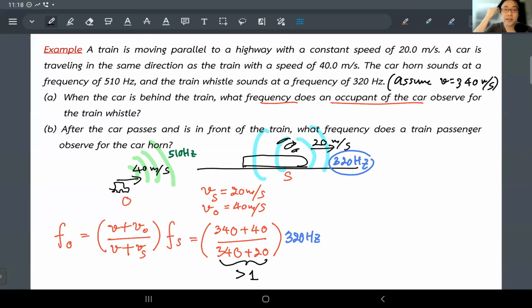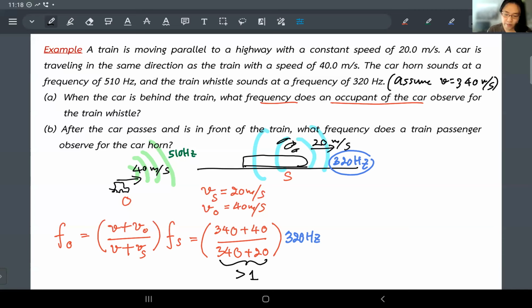Because in terms of relative velocity, the train is moving to your right at 20 meters per second, and the car is moving at the faster speed, 40 meters per second. From the point of view of the person in the car, the car is approaching the train, catching up with it, just like you getting closer to the train. So you are supposed to hear a higher pitch. That makes perfect sense.